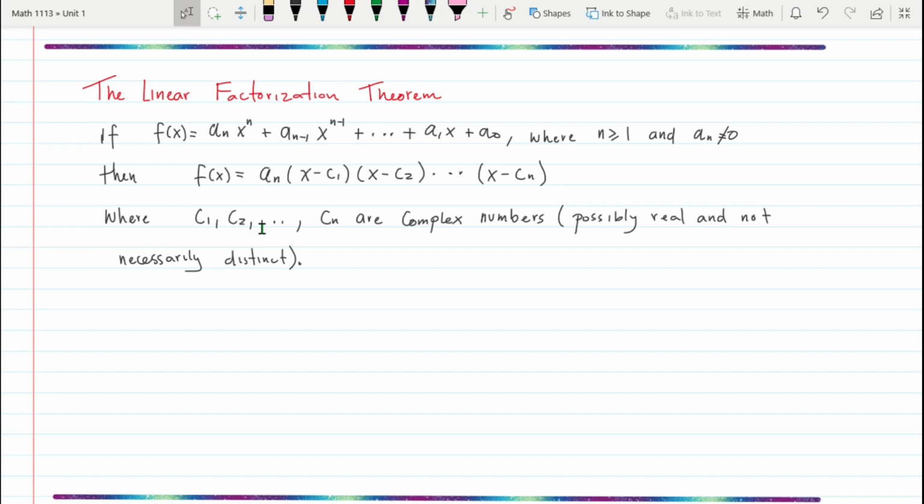Try to think about this for a minute, try to understand what we just said here. It just means that you can rewrite it in such a way that it is a product of a bunch of x minus some number. It could be an imaginary complex number or just simply a real number.